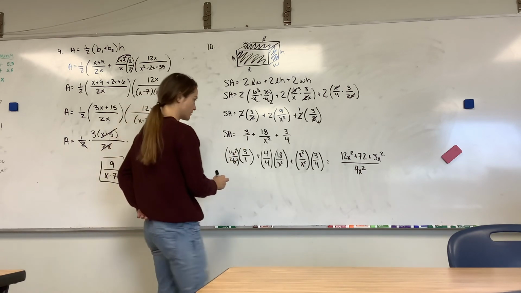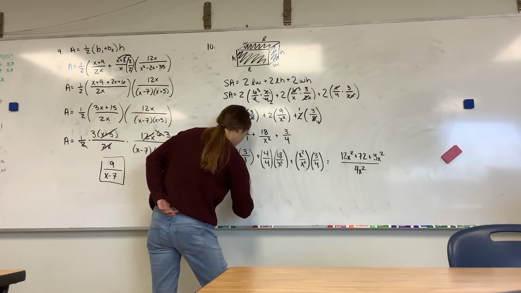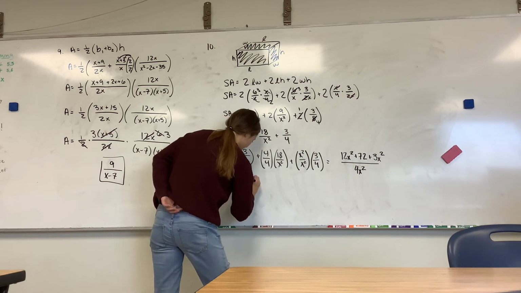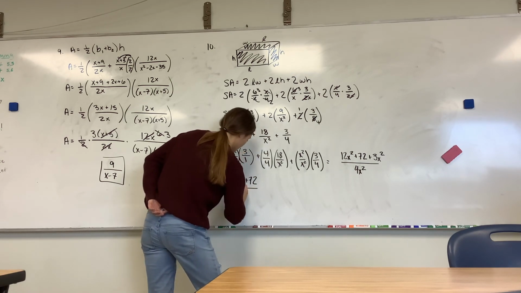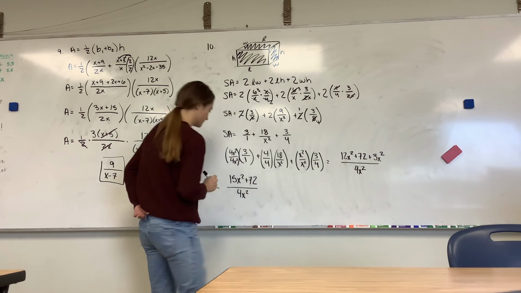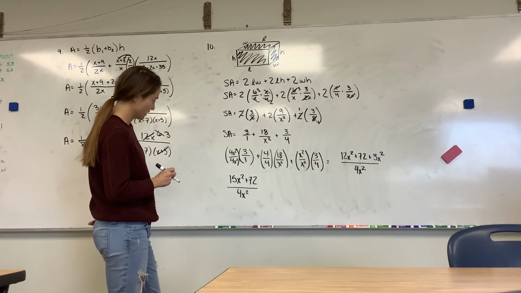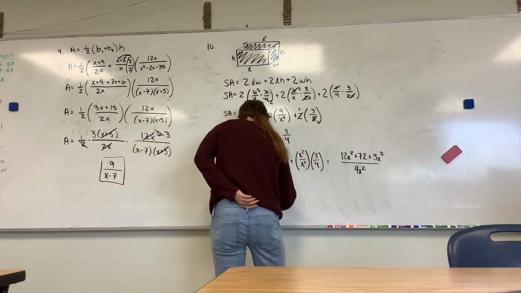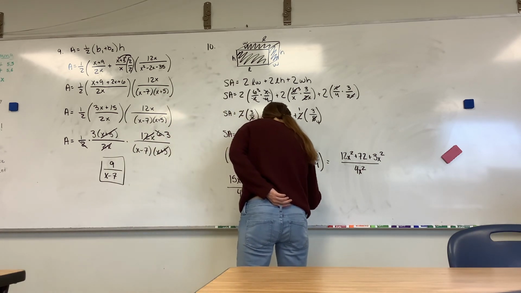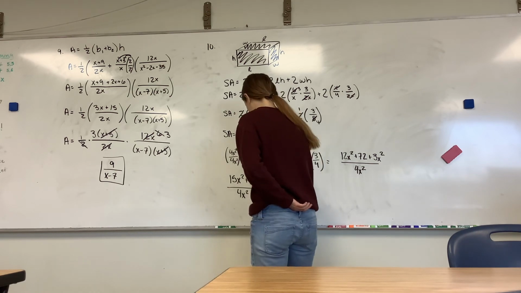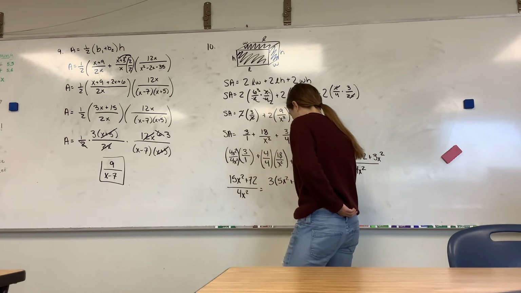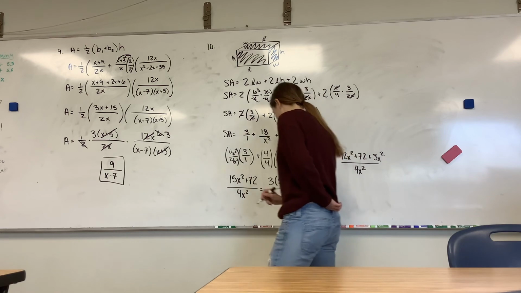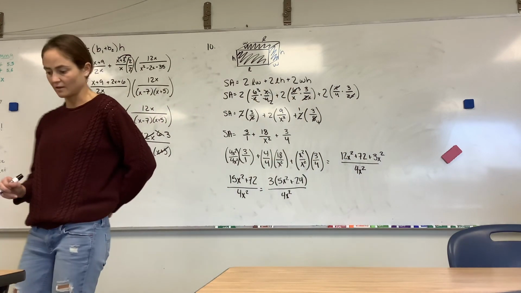Okay, so if I combine like terms, I get a 15x squared plus 72 all over 4x squared. Looks like I can factor out a 3. Don't know if that'll help us, but we might as well check. I get a 5x squared plus 24. I don't think we can reduce that any further.